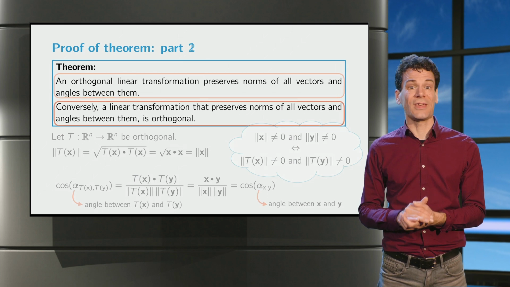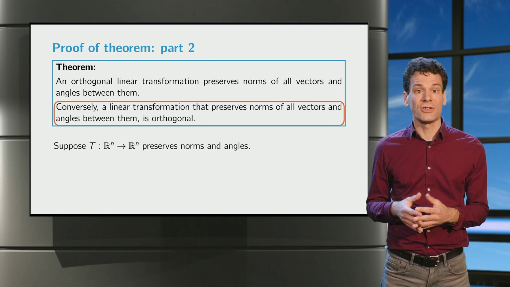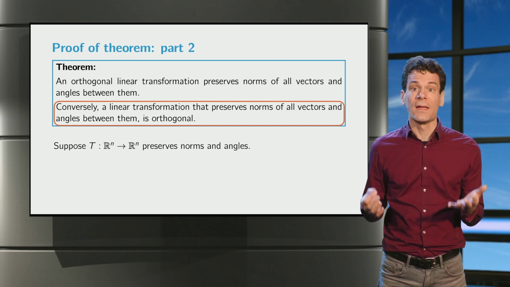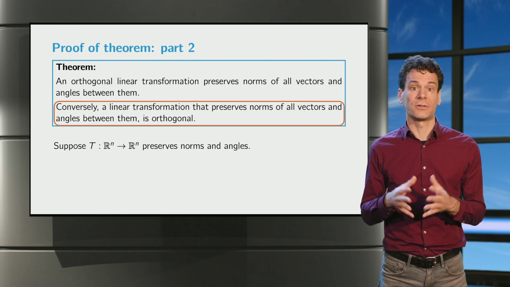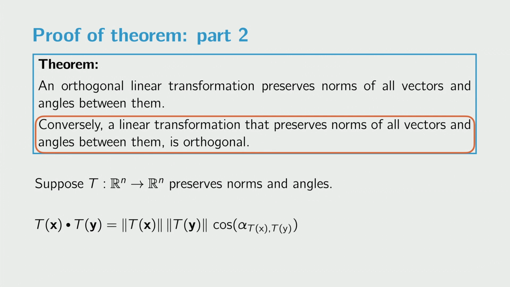Now let's look at the second part of the theorem. Suppose that T is a linear transformation that preserves norms and angles. I will show that it preserves the dot product between vectors. Indeed, let's look at Tx dot Ty. We can write this as the norm of Tx times the norm of Ty times the cosine of the angle between them.